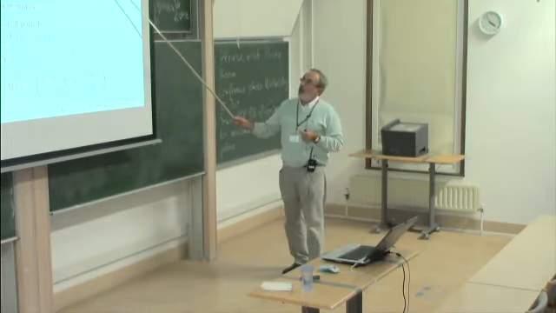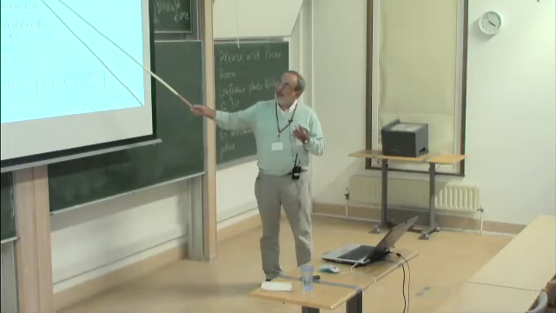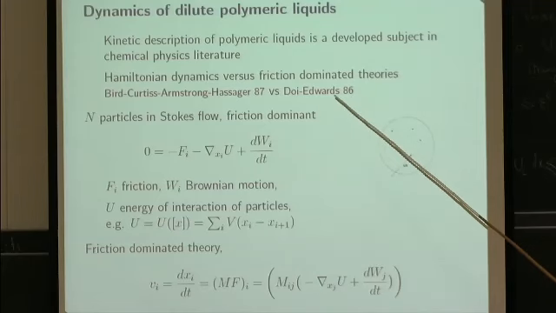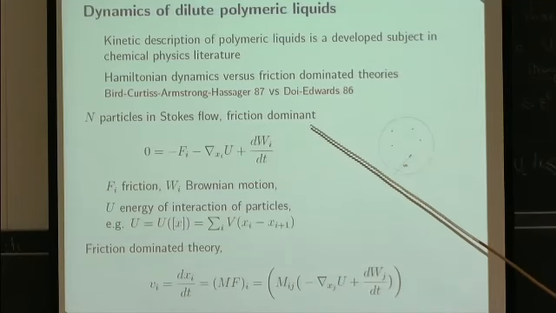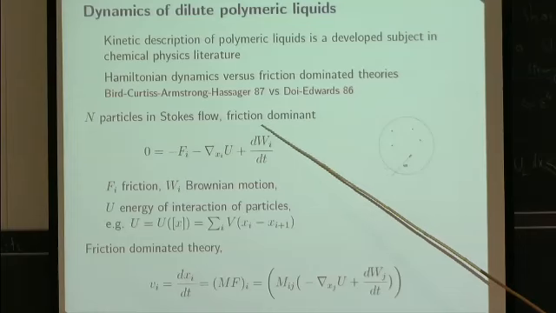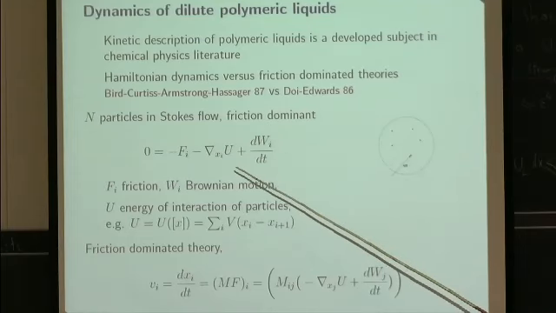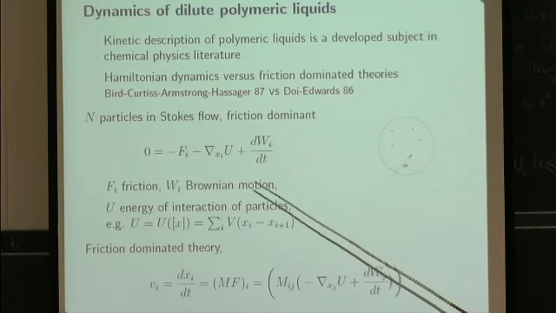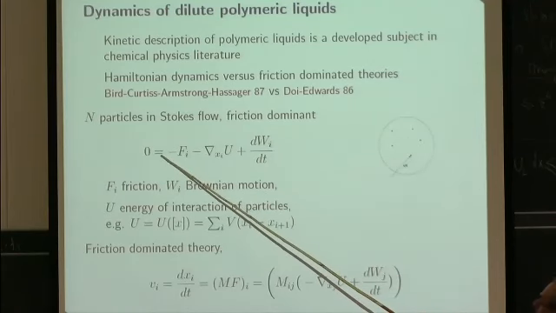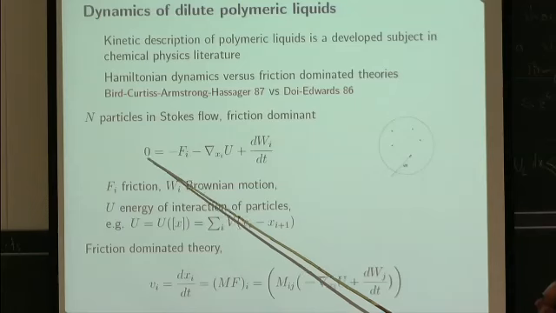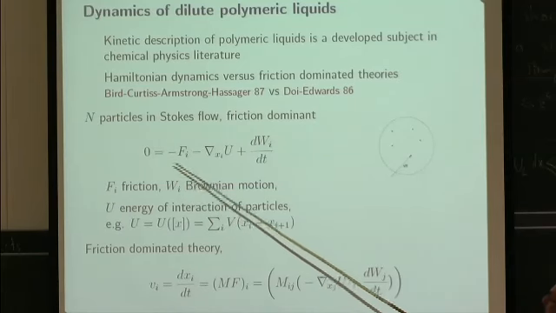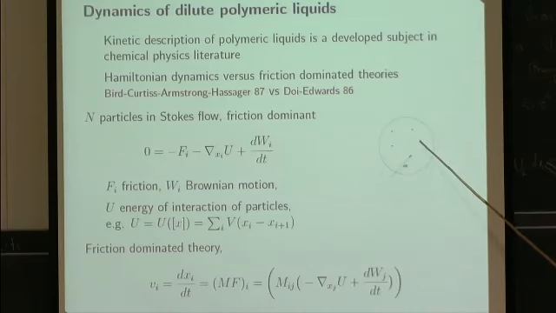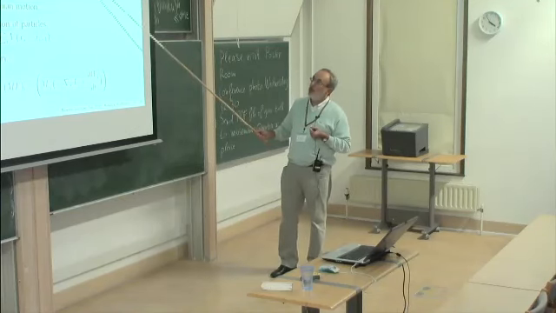This is the target continuum theory to compare. And okay, there are various, there are big books. It's a very well-developed subject in chemical engineering literature. And the types of models that I'm interested in is problems where they are friction dominated. So somehow if you view them at the microscopic level, and let's say if these were point particles, they would be described by an equation of this form, where the frictional effects have been neglected. Fi would be the friction on each particle because of the underlying flow, and there is interaction through the flow.